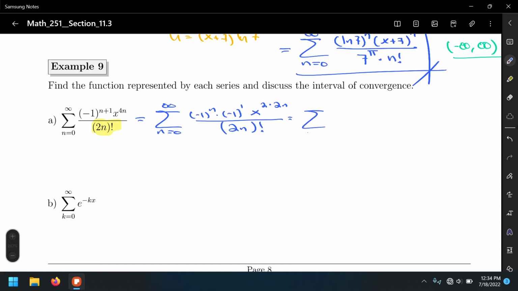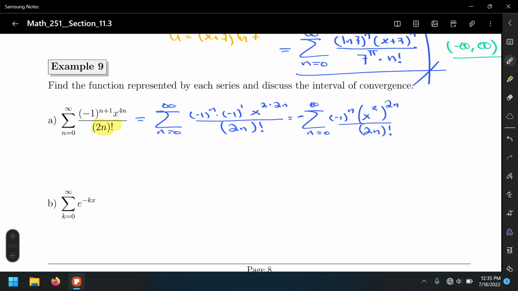And the sum from n equals 0 to infinity. The (-1) to the first is going to be a negative sign that I'm just going to write outside. And this will be (-1)^n. On top of that, I'm going to rewrite this x^(2·2n) as (x squared) to the 2n, over (2n)!.